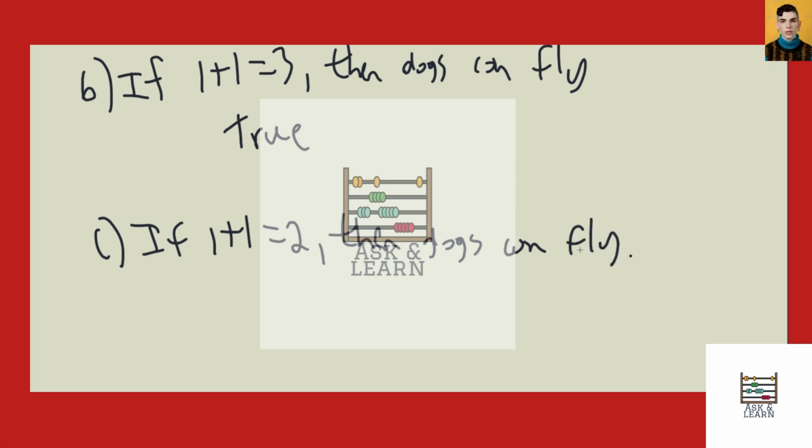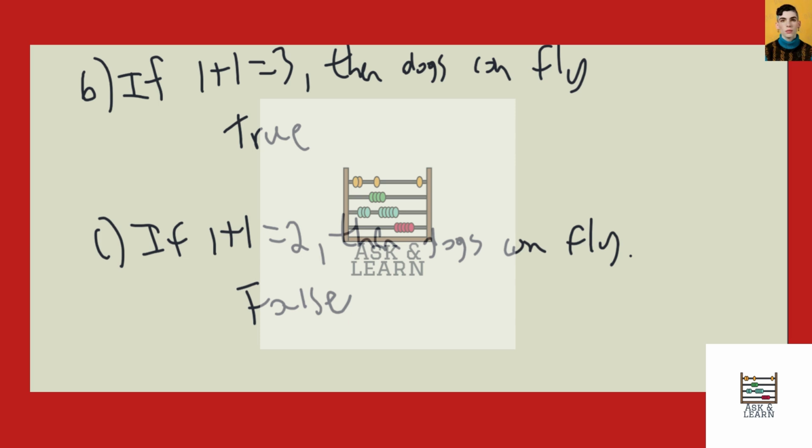Well, if 1 plus 1 is equal to 2, and 1 plus 1 does equal 2, right, then dogs can fly. Well, does it follow? Dogs can't fly. So this would be an untrue statement, right? Since the first part here is true, it does not follow that dogs can fly. So therefore, this would be a false statement.